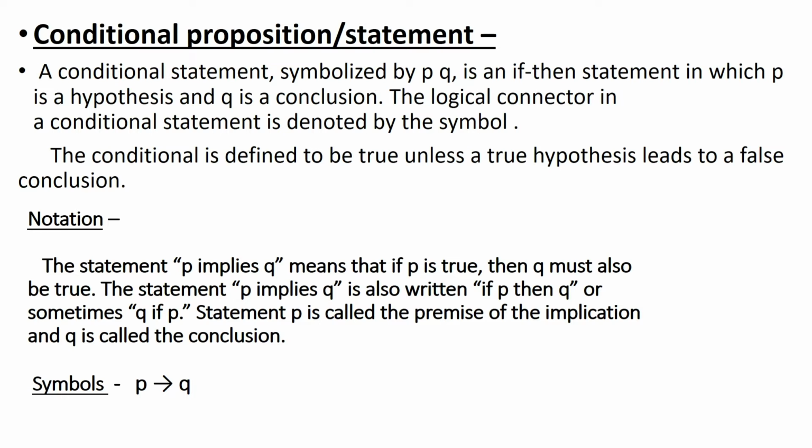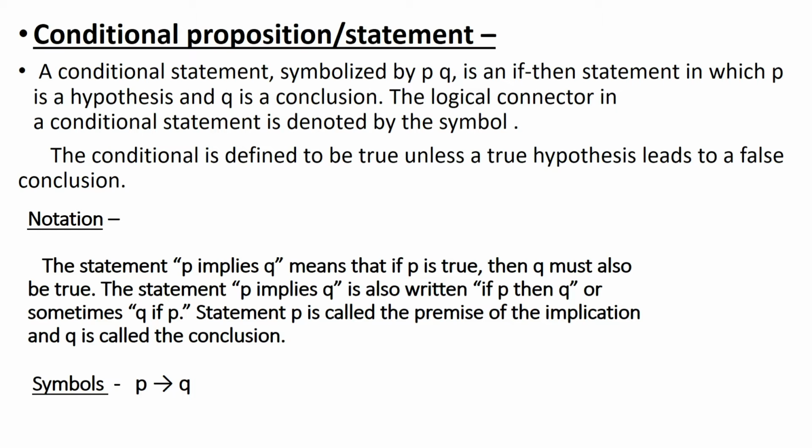Notation: the statement P implies Q means that if P is true, then Q must also be true. The statement P implies Q is also written if P then Q, or sometimes Q if P. The statement P is called the premise of the implication and Q is called the conclusion.